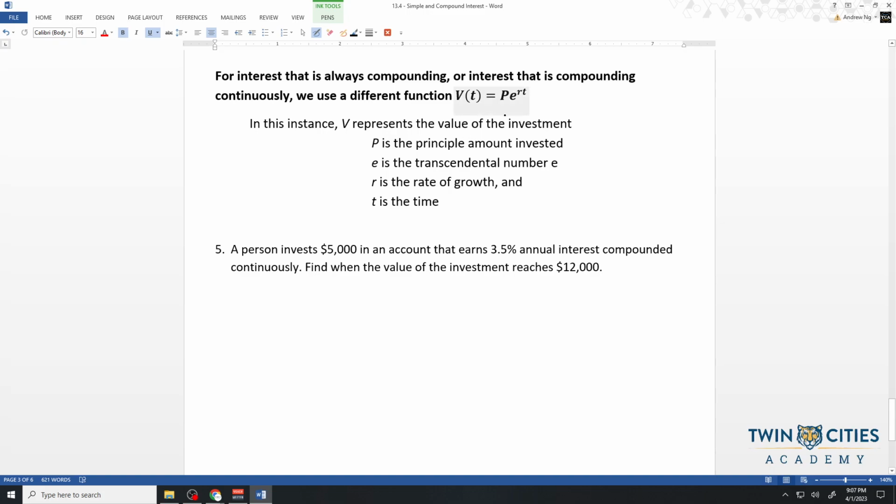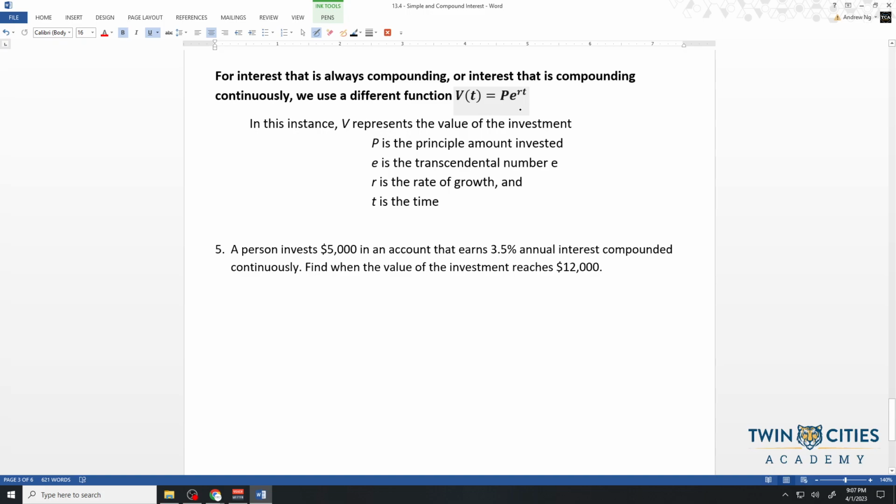V of t equals PERT, P times e to the rt. V, this is going to be the value. So the value over time is equal to P, which is the principal amount invested. That's the same as what we used for A before. So A or P, this is just how much we start with.